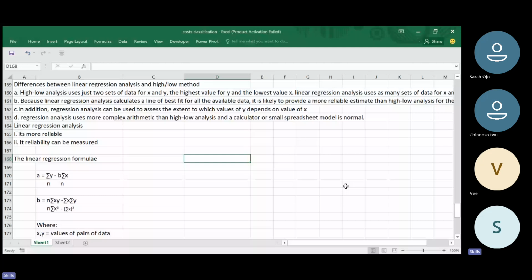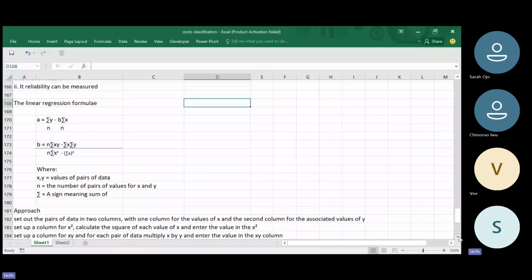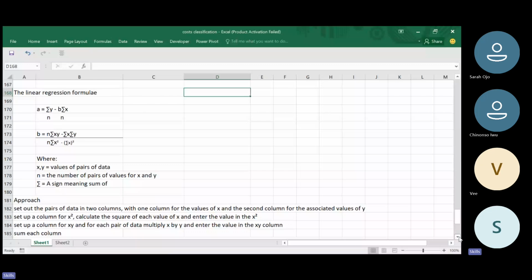Then b is equal to n summation xy minus summation x summation y, all over n summation x squared minus open bracket summation x close bracket squared. Where x and y are values of pairs of data, and n is the number of pairs of values of x and y. The summation sign is a sign meaning sum.